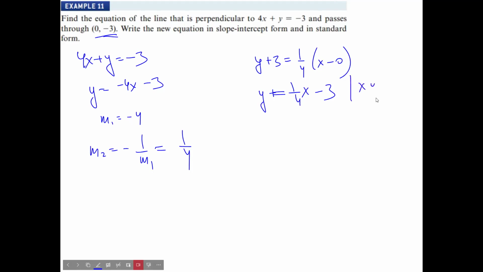Now, if I times 4, what I have, 4y equals x minus 12, and x minus 4y equals 12. So these two lines are perpendicular. Good? One more? Try to do this one.